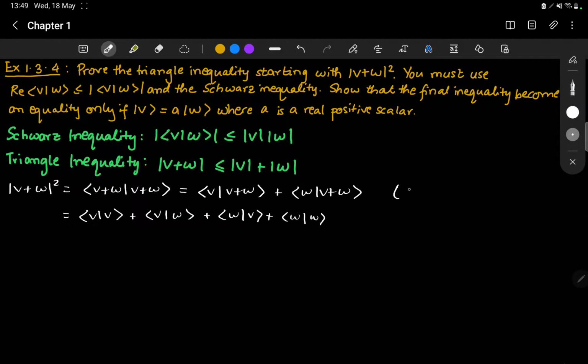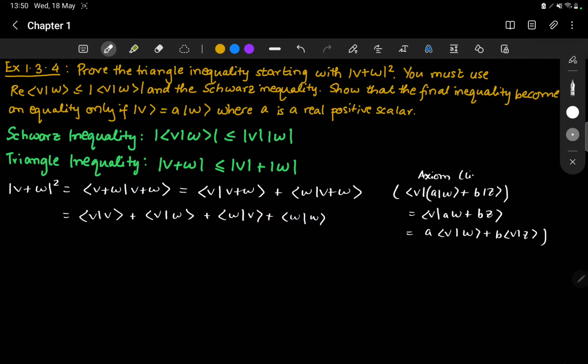So there is this axiom for inner products, which basically shows the linearity in the second argument.